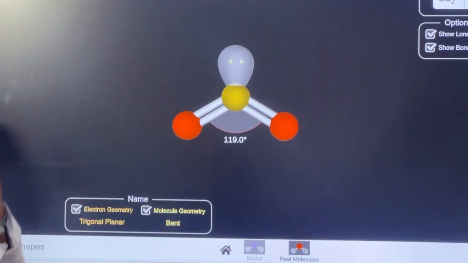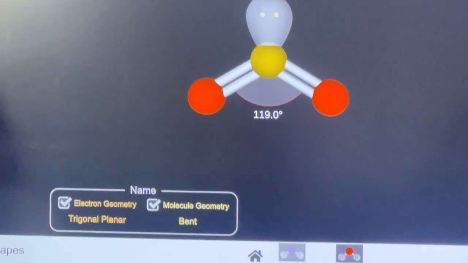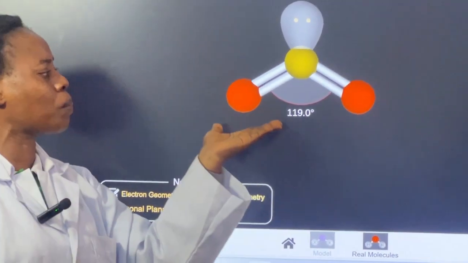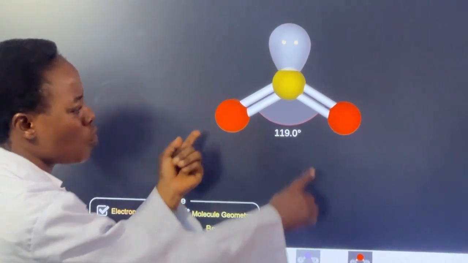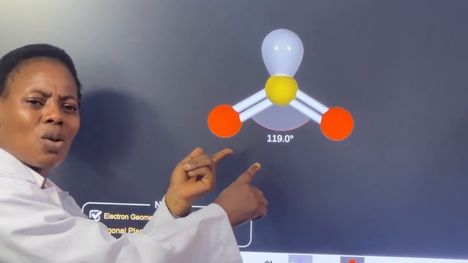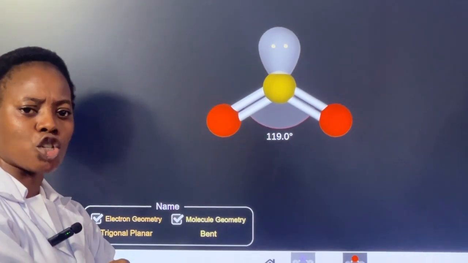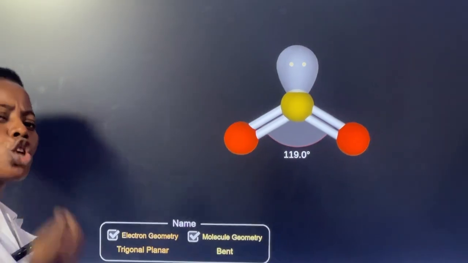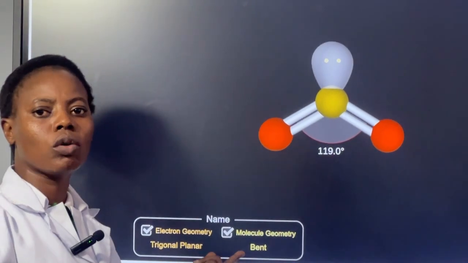Tri. And tri represents 3 in number. So we call this trigonal planar. And when we say something is planar in terms of shape, if you look at the base is not taking any form of a particular shape. So we call it trigonal planar. But the molecule geometry is always called bent.